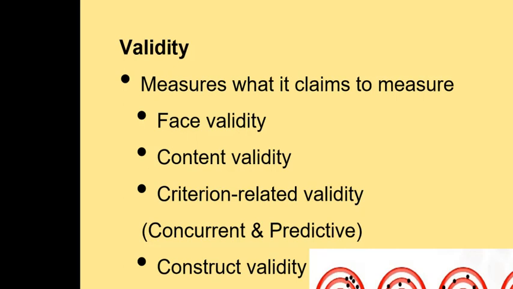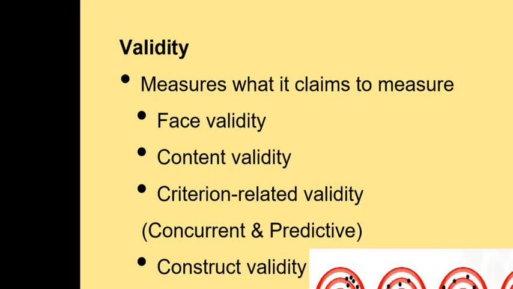Then construct validity is similar to content validity, but guys, much of what we measure in psychology is based on theoretical constructs. Freud's theory has a number of constructs: his id, ego, superego. Jung uses different constructs: introversion, extroversion, sensing, thinking, judging, perception, etc. The behaviorists use a different set of constructs.